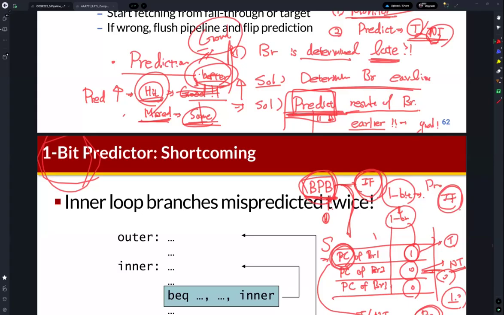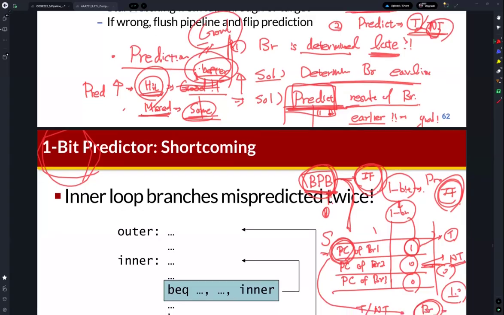Understand? So if the prediction is correct, then there is no penalty. Clock cycles are not wasted because the prediction buffer is in the instruction fetch stage.